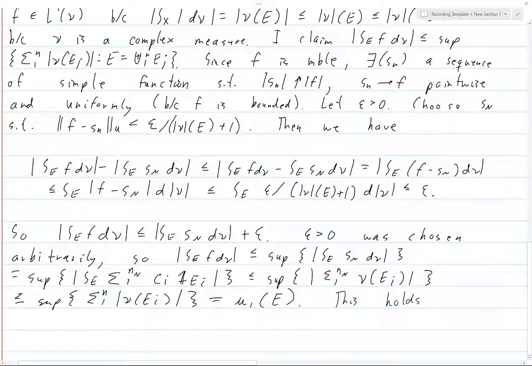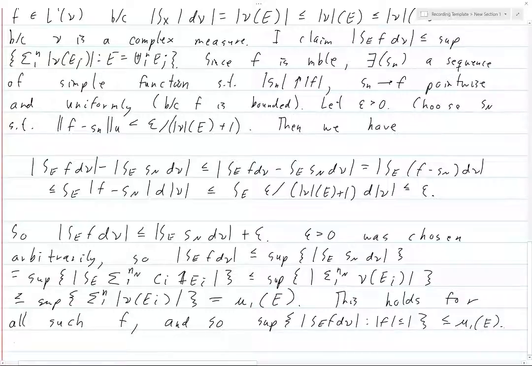This holds for all such f, and so the supremum over all integral over E of f d nu, with f less than or equal to 1, is less than or equal to mu 1 of E. So thus, that's precisely mu 3.